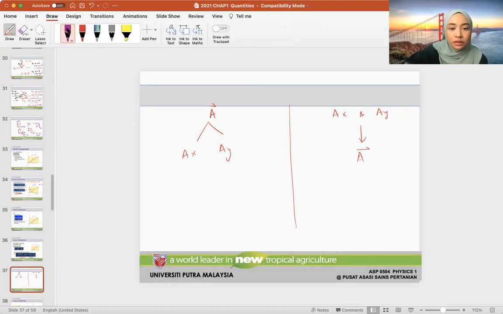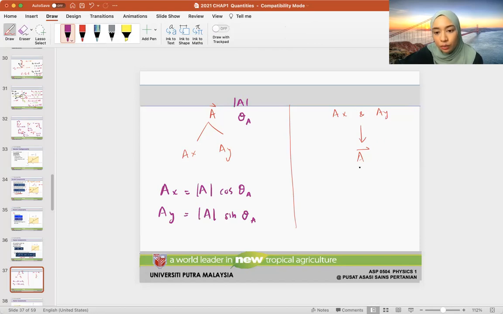So draw. Okay, if I have vector A, I have its magnitude and I also have the direction of A. So I can find AX by A cosine theta A, and AY is equal to A sine theta A. But what if I have AX and AY and I want to find the vector A? So AX will give the magnitude, right? Magnitude of AX, let's say it's 15, and this one is 20. The direction is always X and Y because they are the X and Y components. So that should be intuitive.